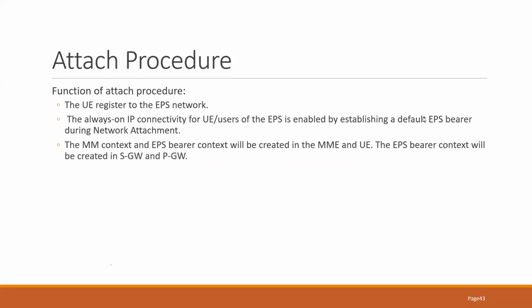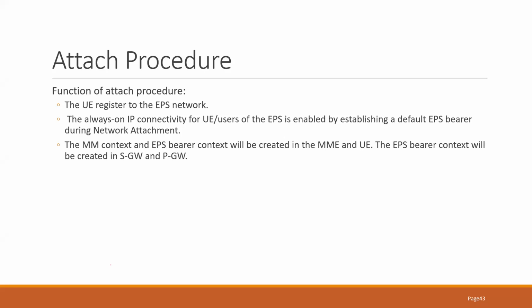Here in 4G, the terminology that we use is a bearer. In 2G, 3G, we use the terminology PDP context. So it's just an equivalent of PDP context. Since you are always on, if you perform a location update in 2G, 3G, you get attached to your SGSN.